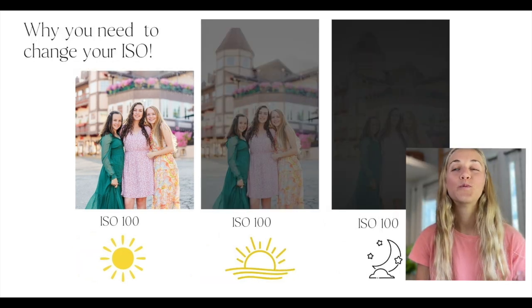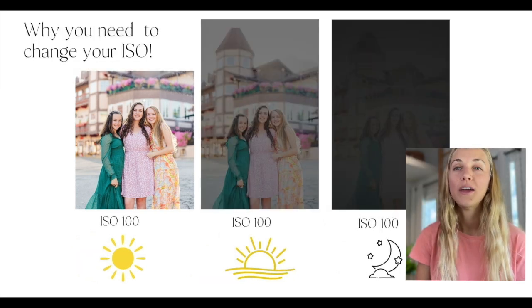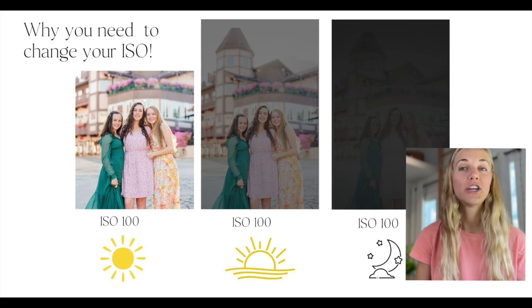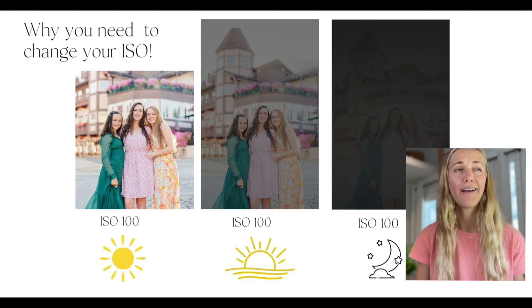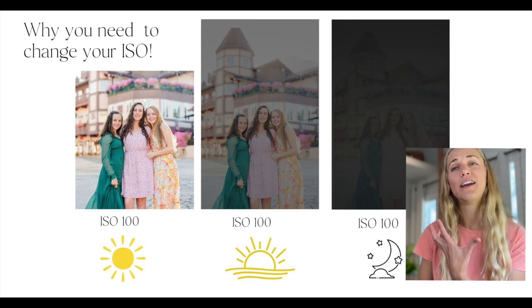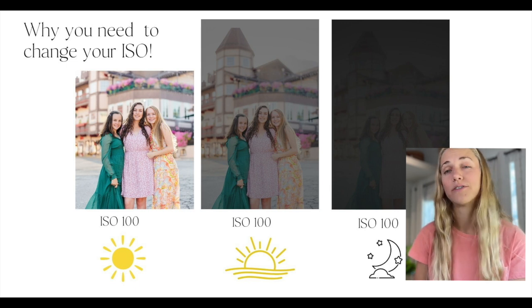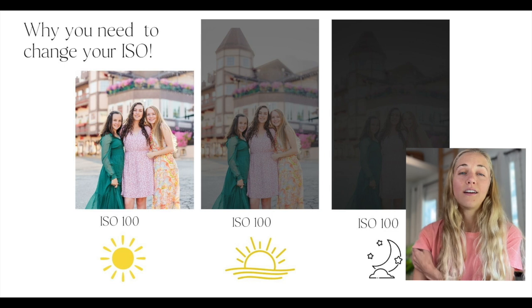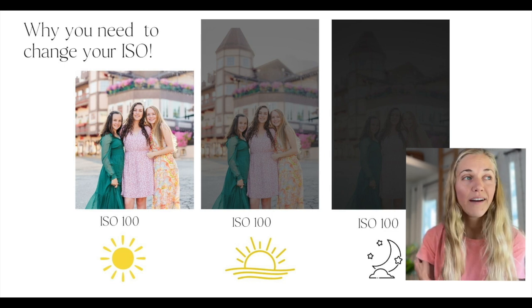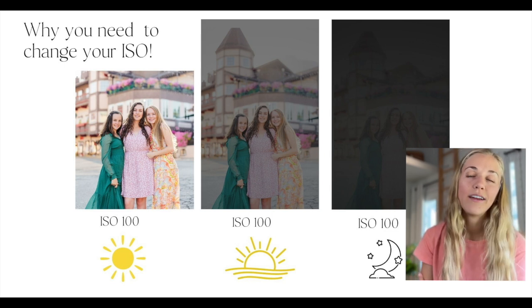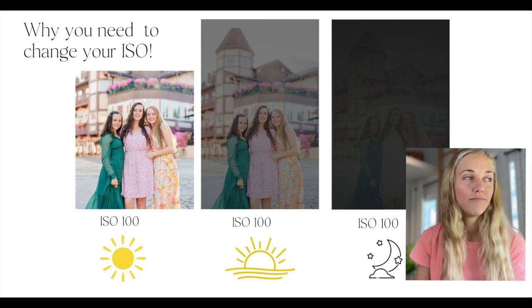This picture shows you why you need your ISO. Here we have the bright sunshine at 100 ISO. And I just left my ISO at 100. And as the sun set, it started getting darker, and my picture started getting darker. And then it got dark, and I kept my ISO at 100, and my picture is dark.